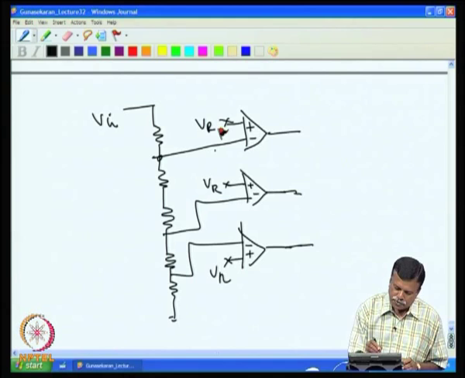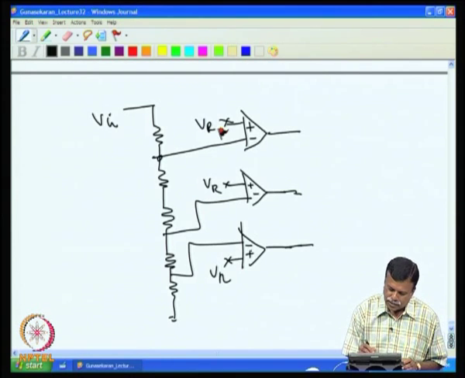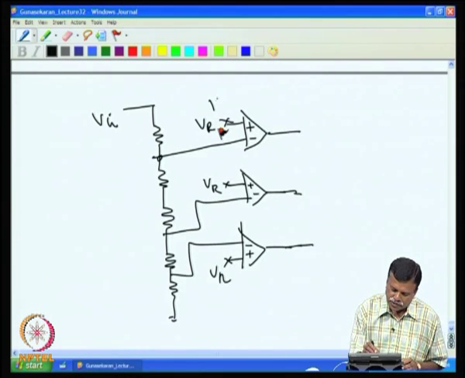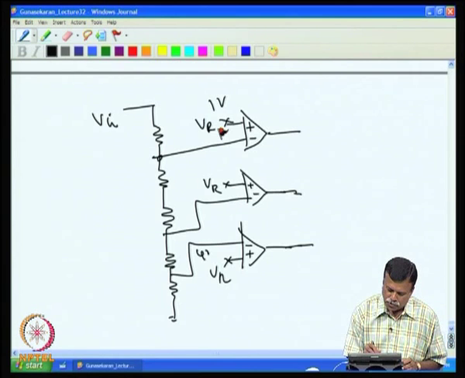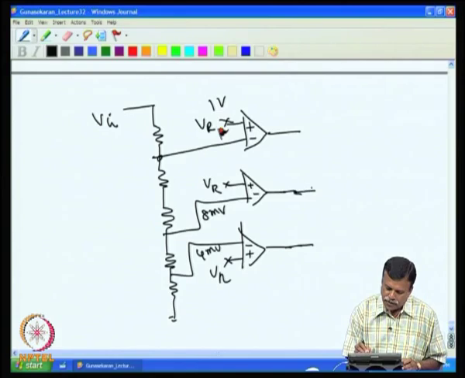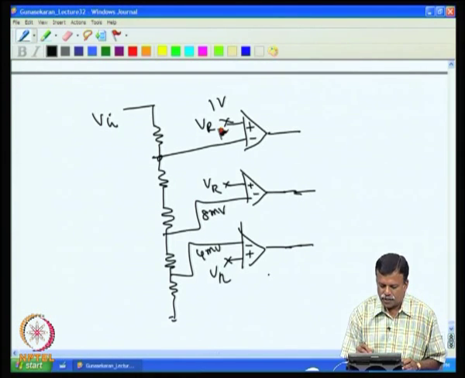Now, for example, if I have a 1 volt reference, and this is 4 millivolt, and this is 8 millivolt and so on, you see that almost all the comparators are in the saturation stage. Because, suppose the input voltage is 0.5 volt, half the comparators will be high and the other half will be low.